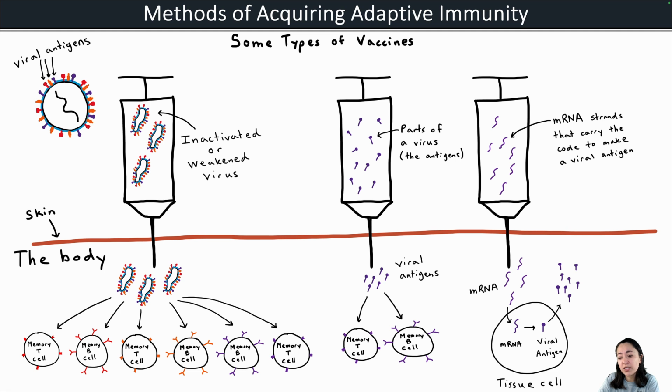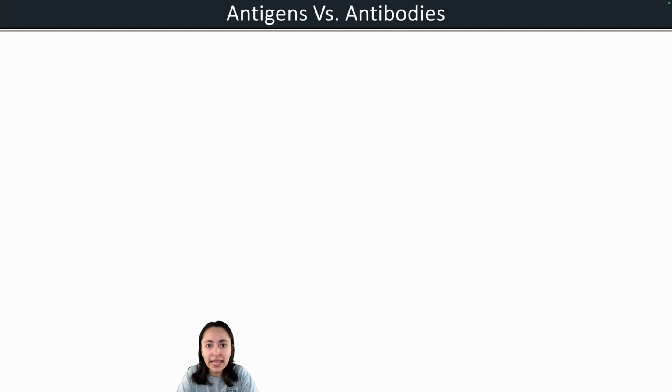Those viral antigens will then be recognized as foreign by your body, and your body will then produce memory B cells and memory T cells to recognize those foreign viral antigens and therefore protect your body if you were ever exposed to the COVID virus that actually contains those viral antigens. So it allows your body to recognize the COVID virus in the future without ever actually having to be exposed to the actual virus.